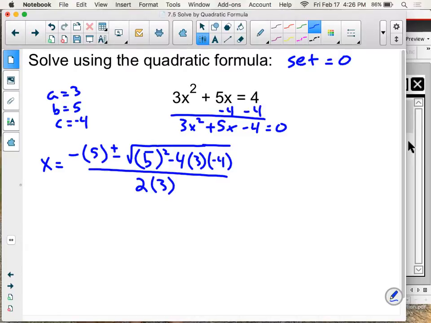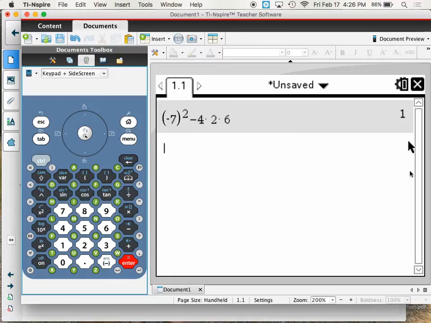So again, you want to simplify what's underneath the radical sign. Let's type it in just as we see it into the calculator. So now I have the square of 5 minus 4 times my a value times my c value. C was negative 4. So now I get 73. Not a big deal.